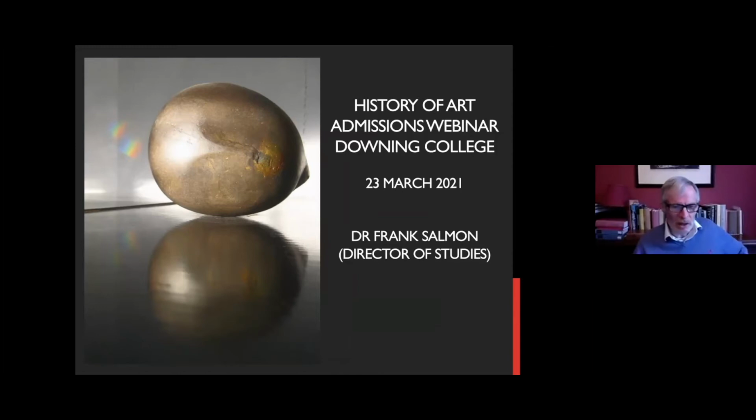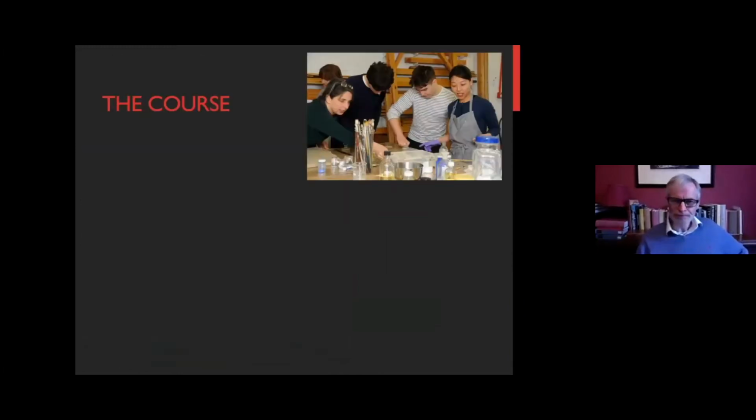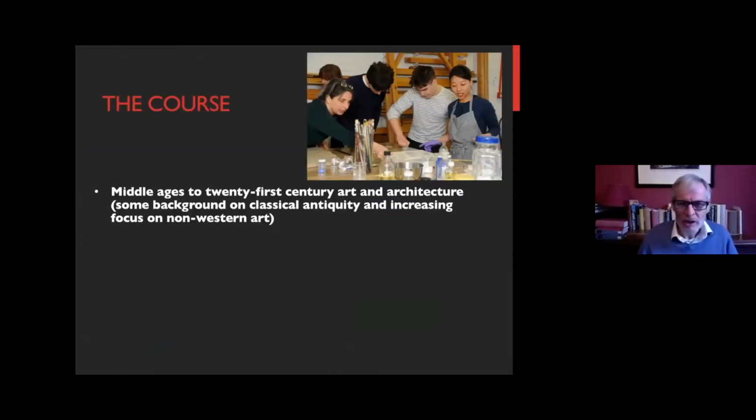So here we are, the course itself. What do we cover in the History of Art degree at Cambridge, which is a 3-year full BA degree? We're looking at the history of art, architecture, manuscripts, sculpture, of course, film, installation art, and so forth. Broadly speaking, from the Middle Ages right up to the start of the 21st century.